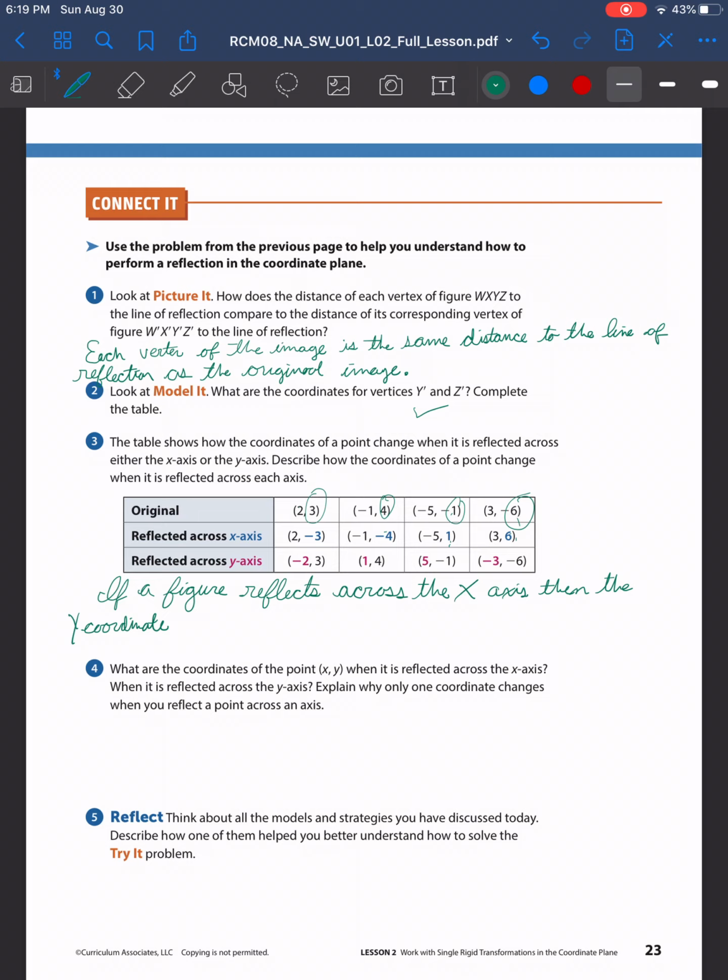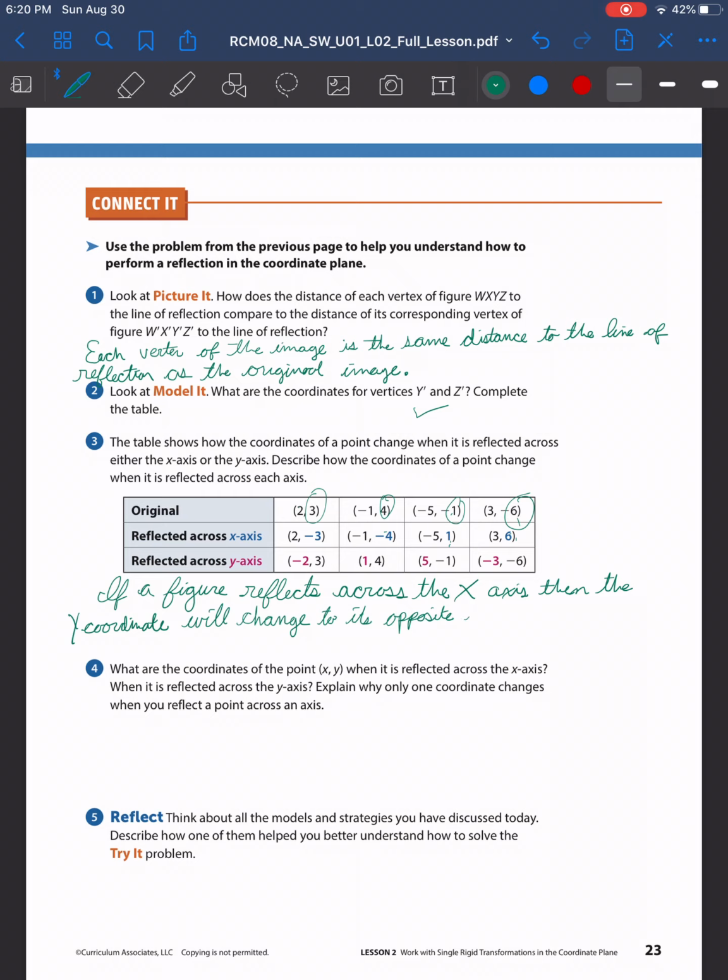So for example, if it's -3, it would change to +3, and if it was +3, it would change to -3. So if a figure reflects across the x-axis, then the y-coordinate will change to its opposite.